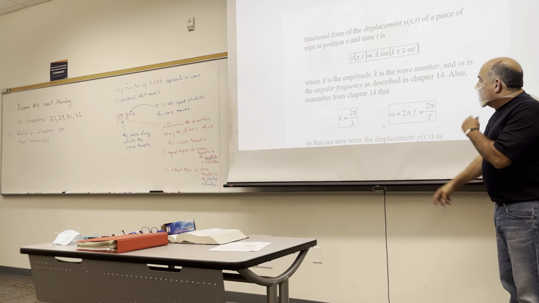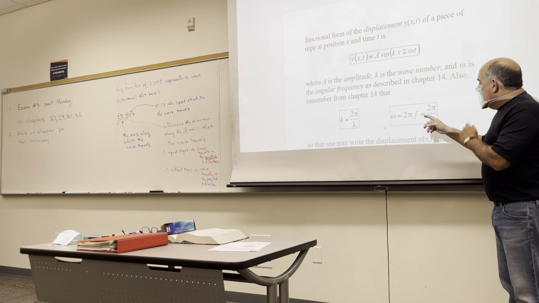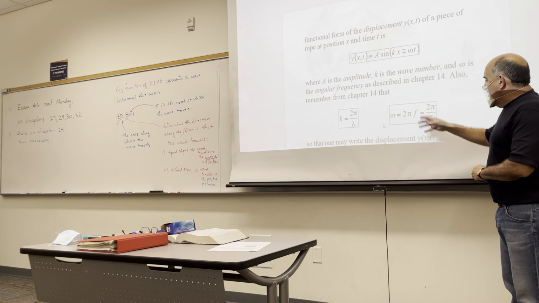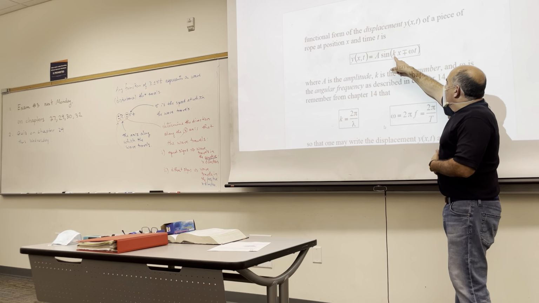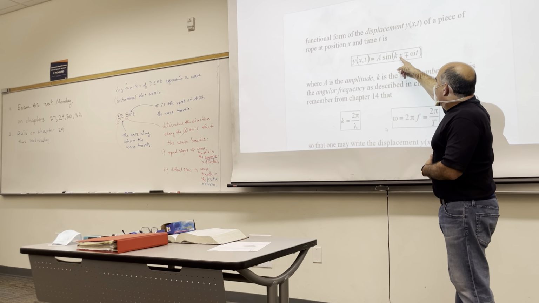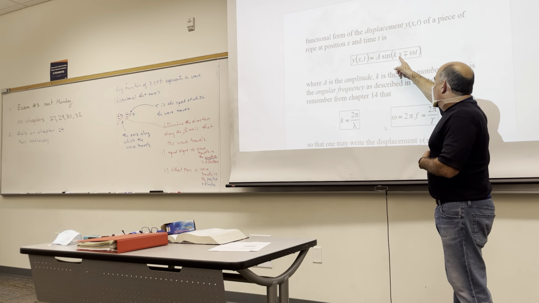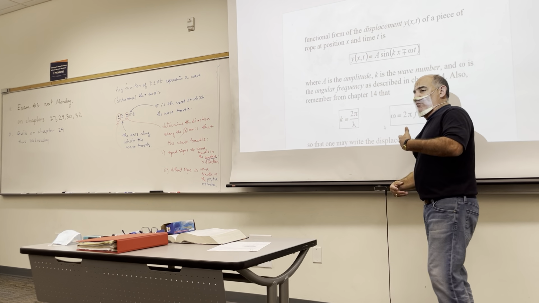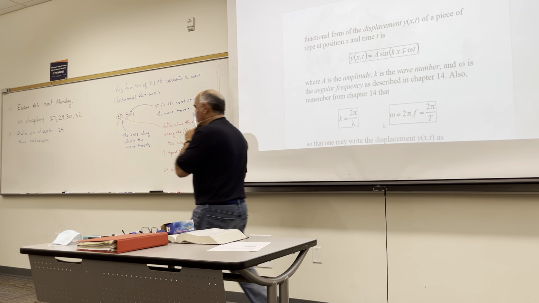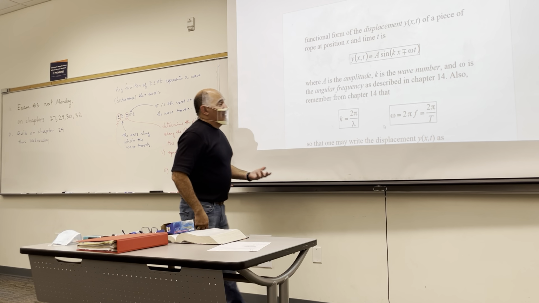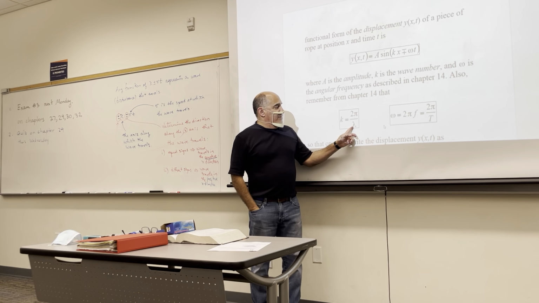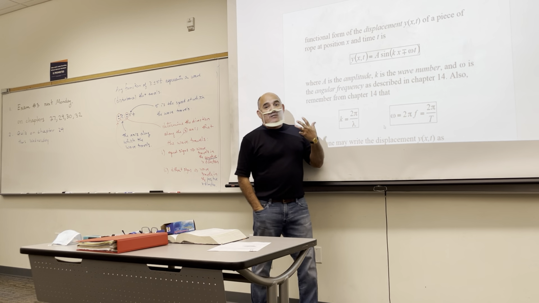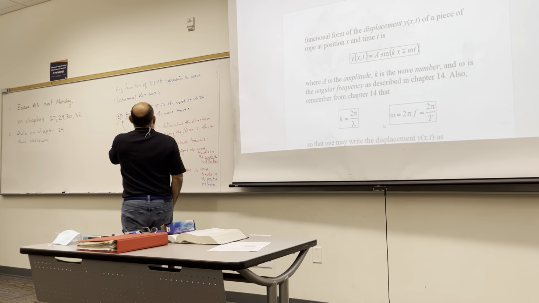So omega is related to the frequency and the period of the wave by that equation, and the coefficient of the position variable is related to the wavelength of the wave, right? And if you multiply the wavelength of the wave by the frequency of the wave, you'll get the speed, which is this guy over here, right?